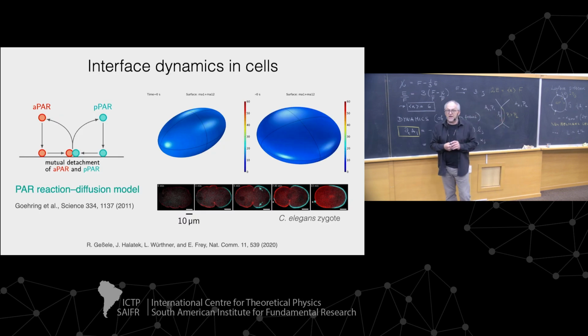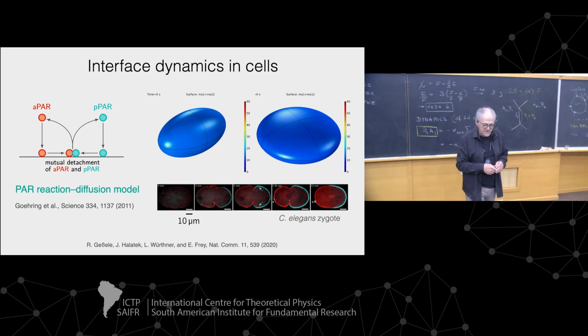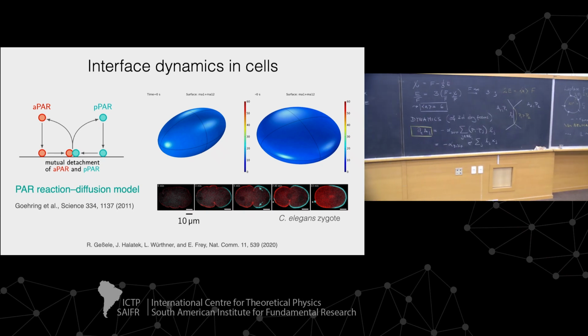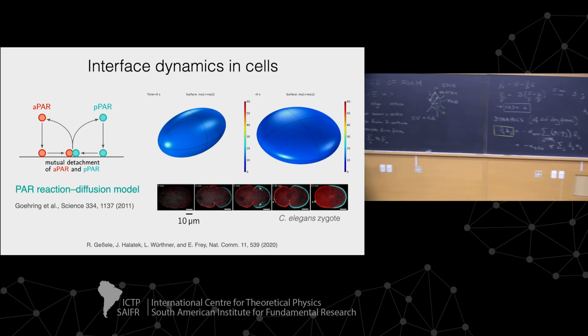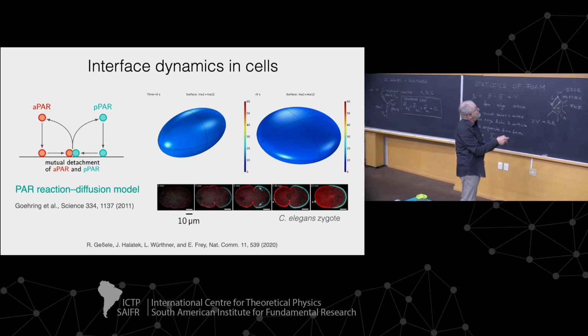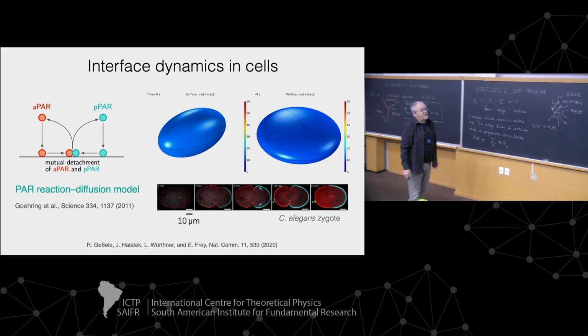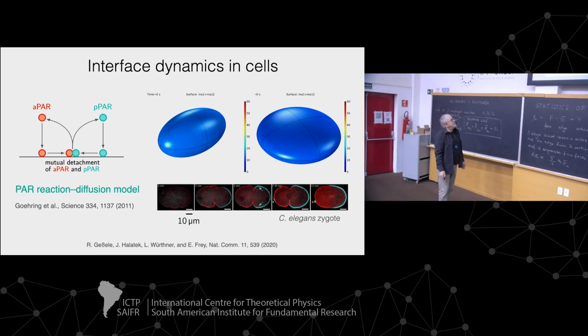And now let's go back to facts, to something you see actually in biological systems. Here, what I show you, now I can switch off the light. Here you see a very famous biological model system, which is the C. elegans zygote, and that has been studied by many people.